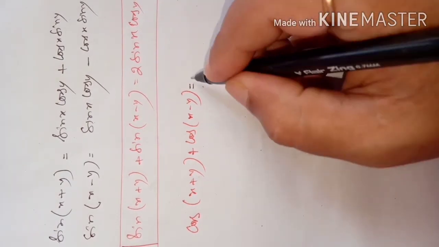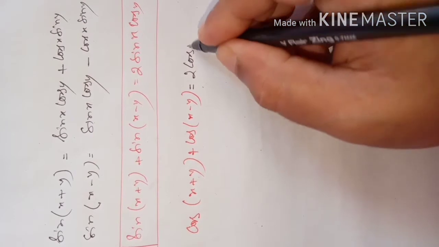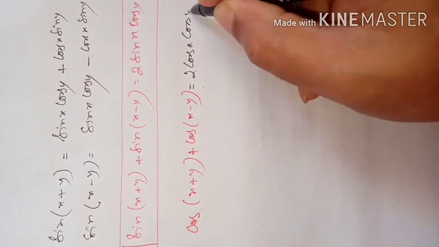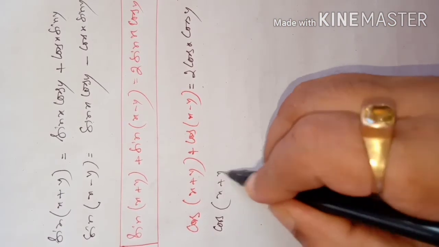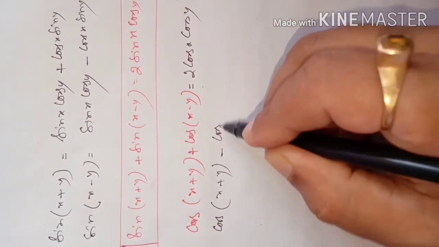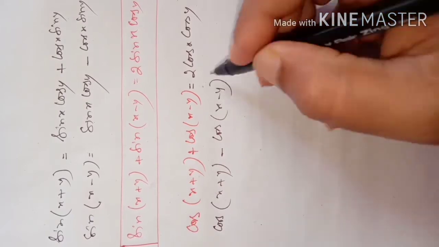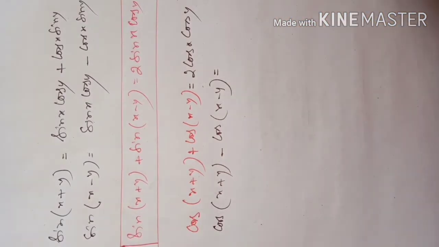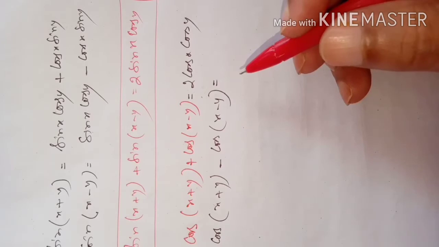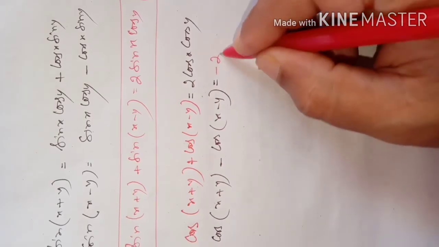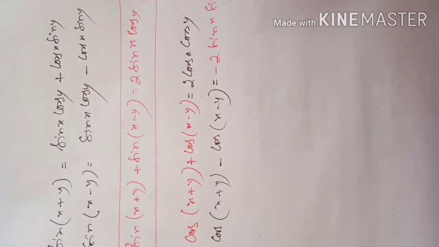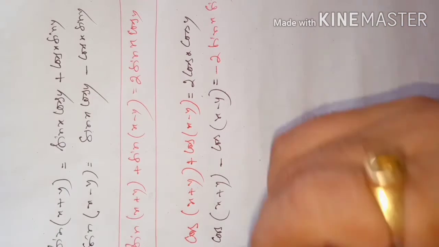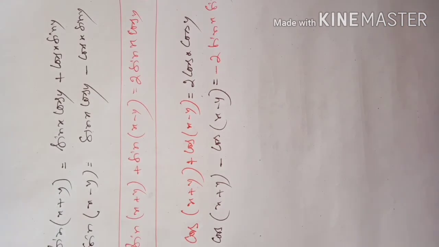Here we will get 2 times cos x cos y. Now if we are asked to find cos(x plus y) minus cos(x minus y), what shall we get, dear students? You know it. We shall get minus 2 times sin x sin y. All these derivations you can derive by yourself. Okay dear students, you try all these things.